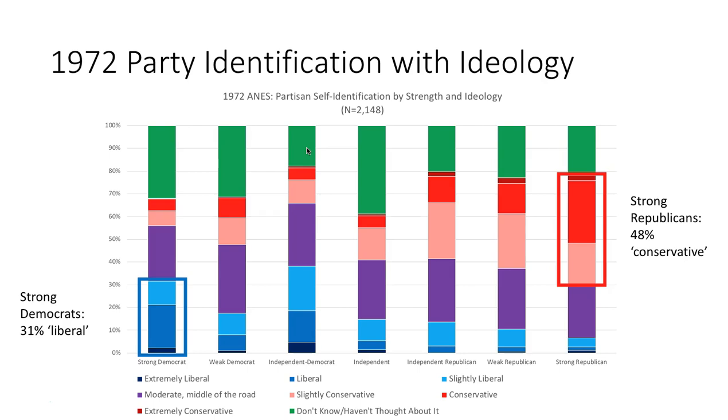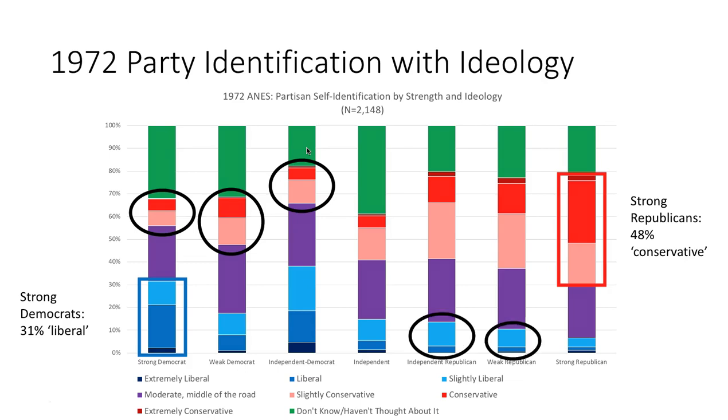But notice within the other partisan identifiers, strong Democrat, weak Democrat, and independent Democrat, there are conservatives that identified themselves in 1972 as belonging to Democrats. Among Republicans, independent, weak, and strong Republicans, not as many liberals as there are conservatives within the Democratic Party, but still a mixture going down as you increase in partisan strength.